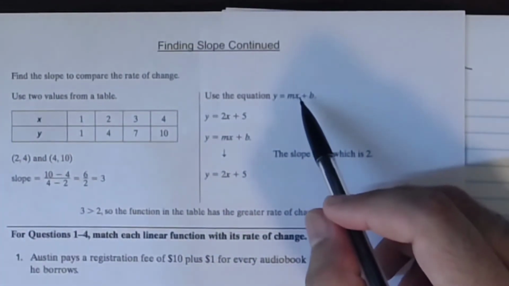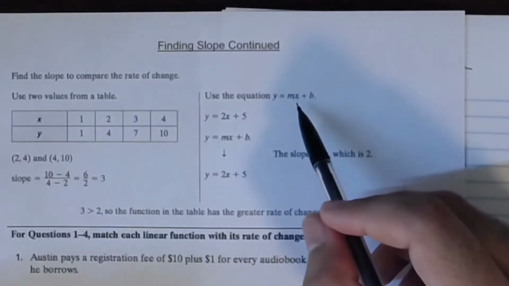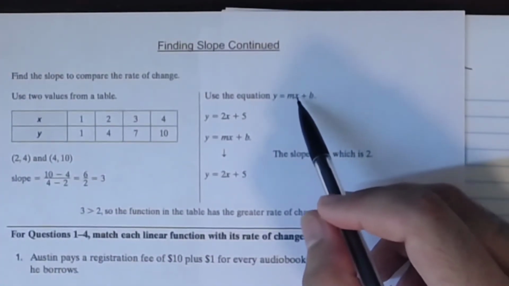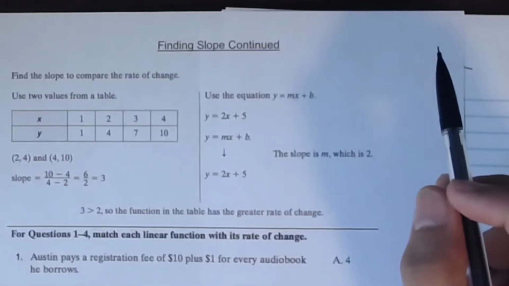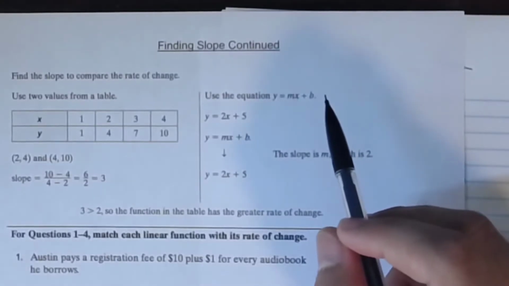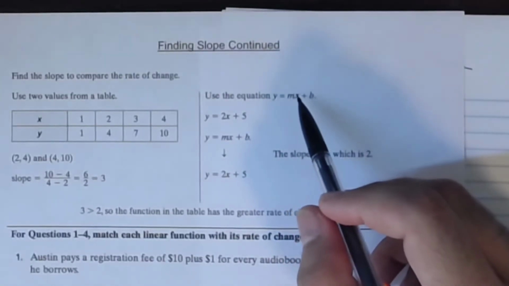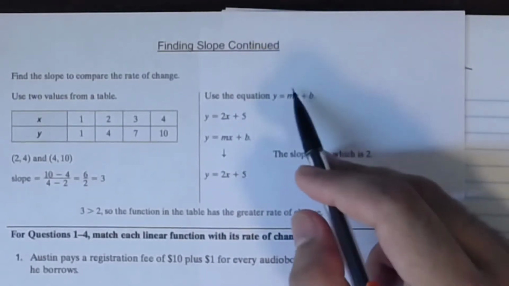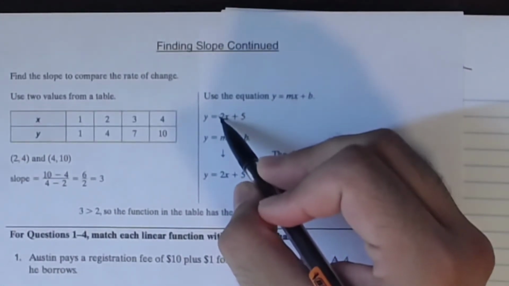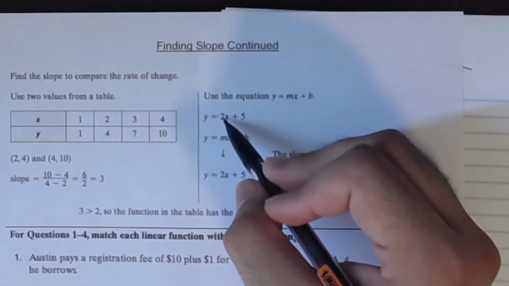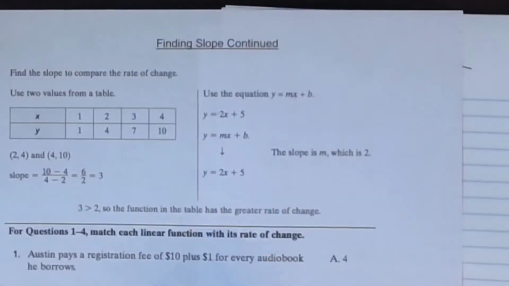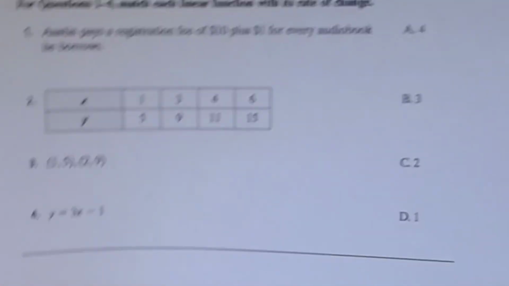The number in front is not just 2, it is negative 2. So if there's a negative in front, include that in your slope. Do not forget that it's the entire number in front. The slope is negative 2, not just 2 itself. If it's a negative, do not forget that negative.